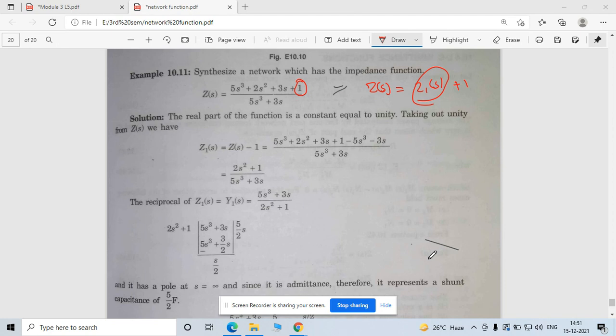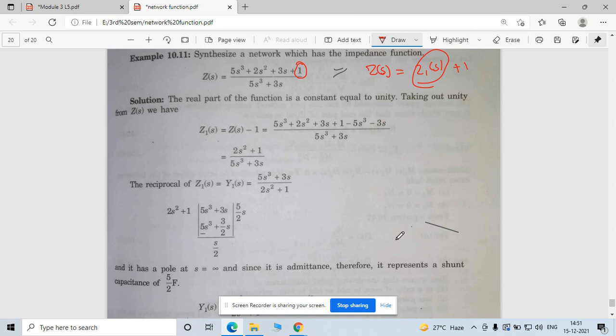Yes, here you need to separate out this 1, or remove this 1 from your main function. So by this way you can remove this 1, and by this you can easily find out your Z1, right? When you do such an arrangement, you will get this.